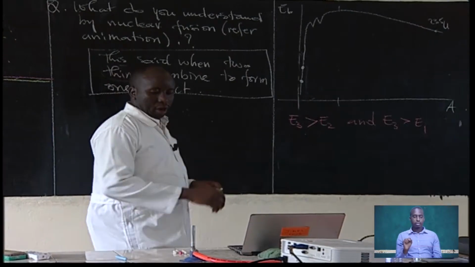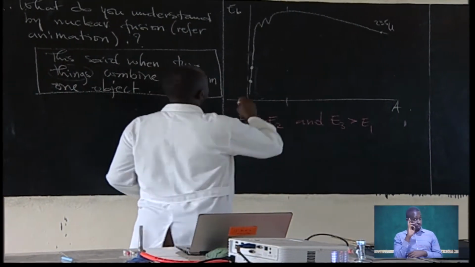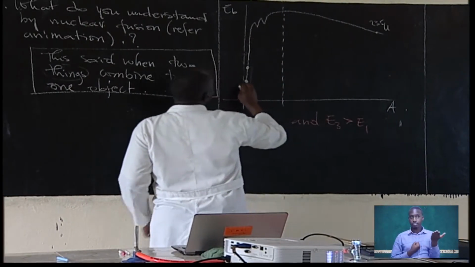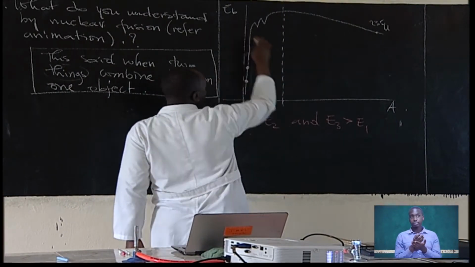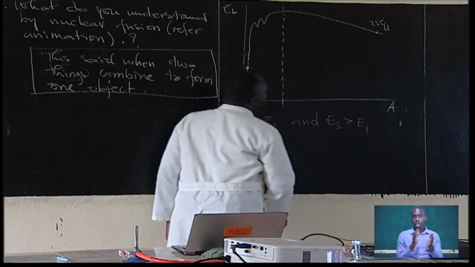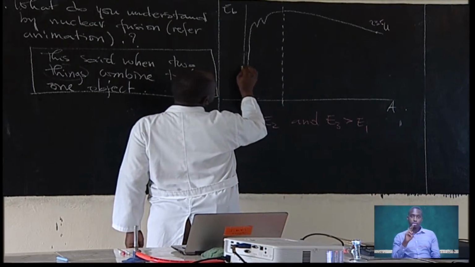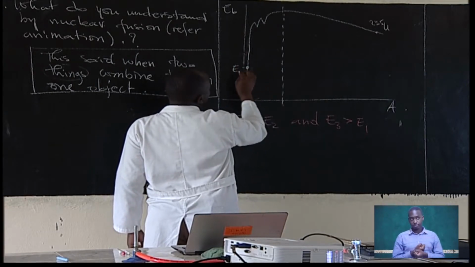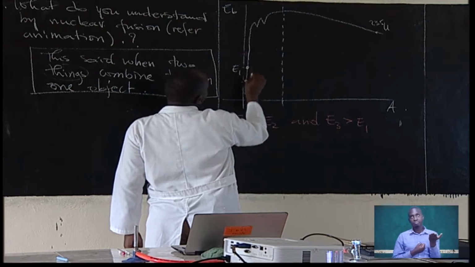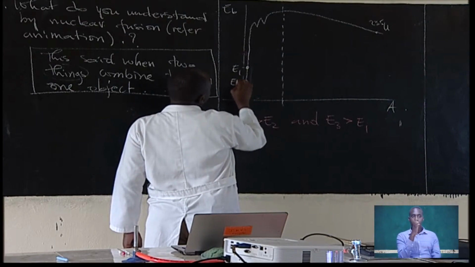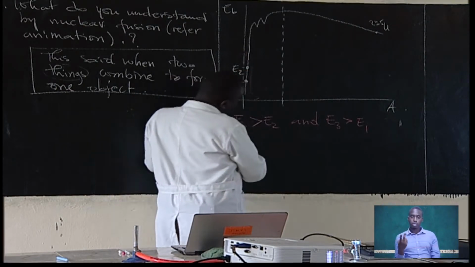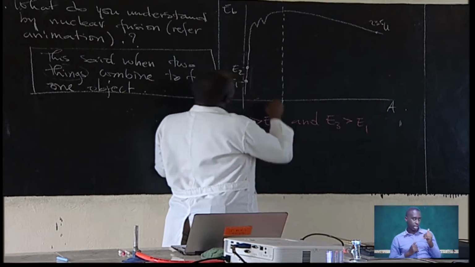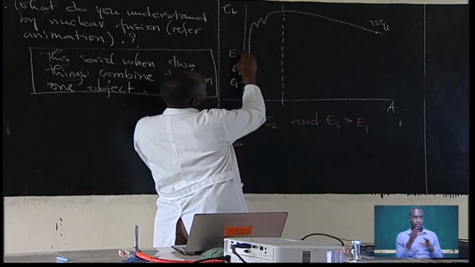So this time, if you remember the diagram that we have given here, we have the binding energy per nucleon here, and this is the number of nucleons. So this time, if you have the energy as what we have, this is E1, and here this is E2. Then we find E3 is greater than E2, when E3 is what we have right here.